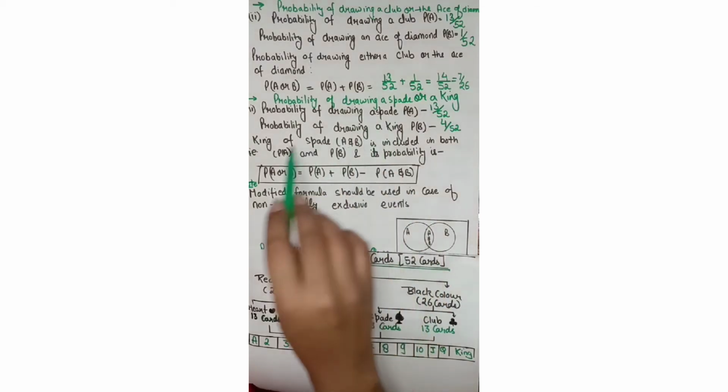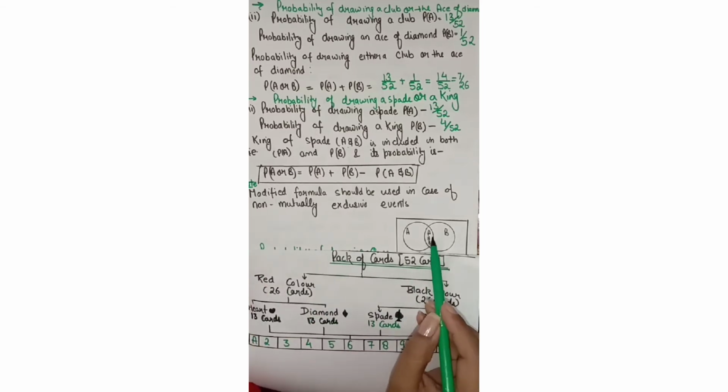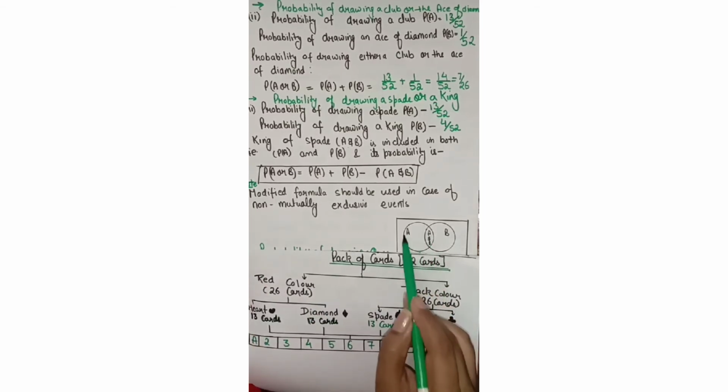You can clearly see that probability of A and probability of B are linked by one such condition. So this type of question should be dealt with the modified formula.